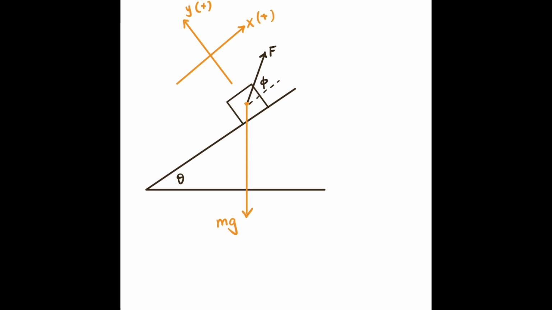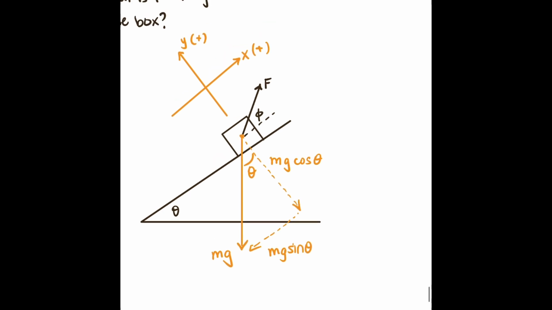Now we'll want to write all of the forces out. Breaking up our mg force into different components, and then recognizing that this angle is theta, we can write mg cosine theta and mg sine theta as the two components of the mg force.